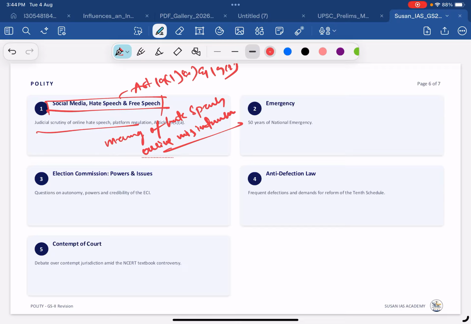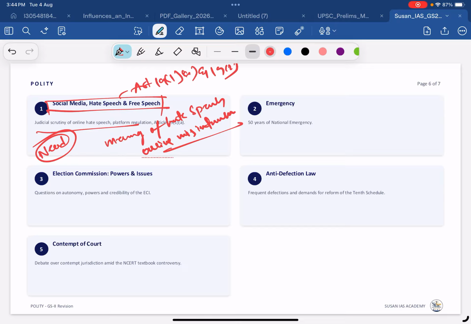And also one has to debate free speech and its regulations, and what is the judicial approach regarding hate speech, and the need for a balanced regulatory framework, right? One has to prepare this hate speech topic in a 360 degrees manner, so he can write this answer very well in his exam.